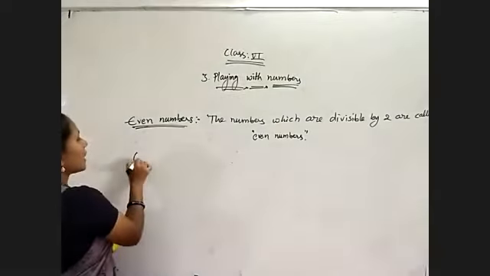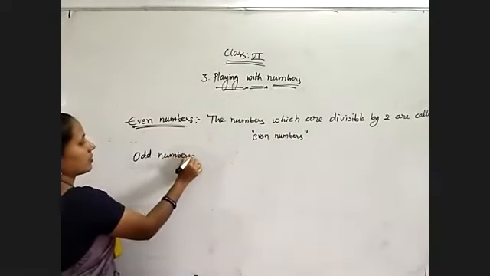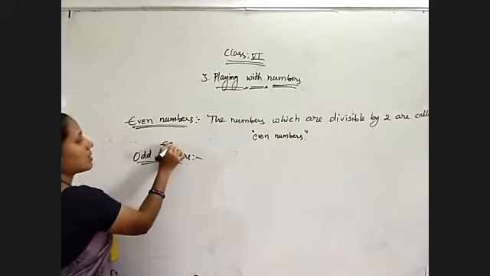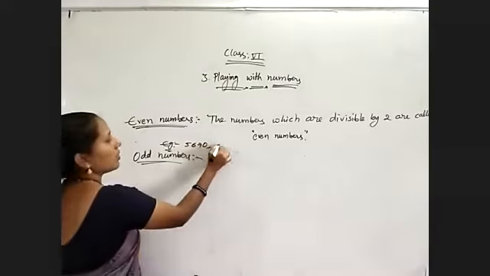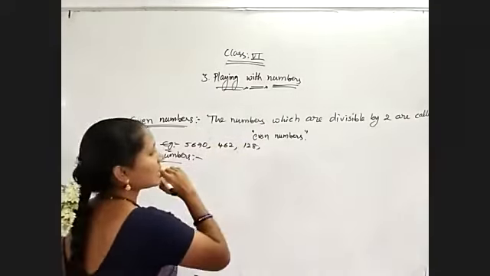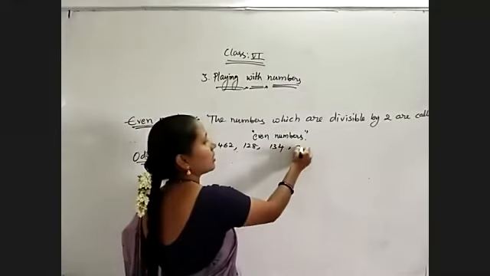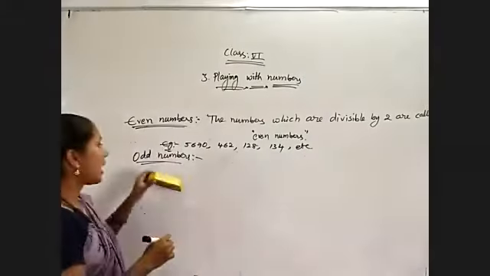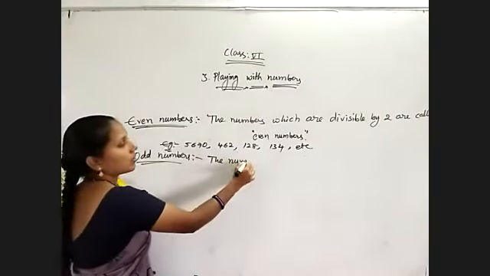Now odd numbers. Examples of even numbers are 5670, 4621, 68, 128, 134, like that. And coming to odd numbers, the numbers which are not divisible by 2.